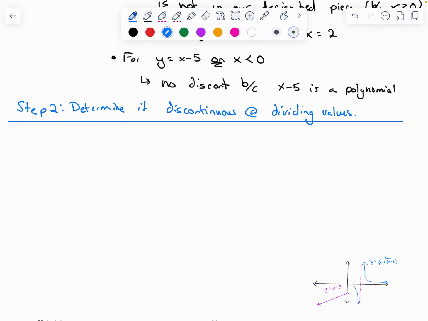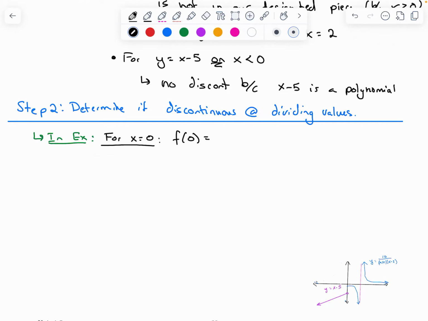So in the example, the only dividing value is x equals 0. So for x equals 0, first things first, we need to check the 3 conditions of continuity. You need the function to exist there, you need the limit to exist there, and you need them to be equal. First, I'm going to check to make sure that f of 0 exists.